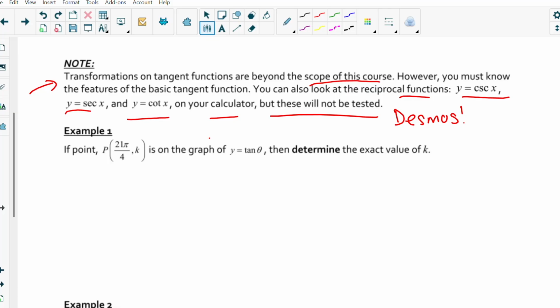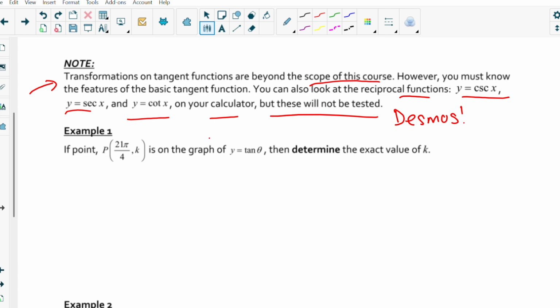Example 1. If point P, 21 pi over 4, comma k, is on the graph of y equals tangent of theta, then determine the exact value of k. This would be my x value, this would be my y value, or I think that is theta, and this is y.